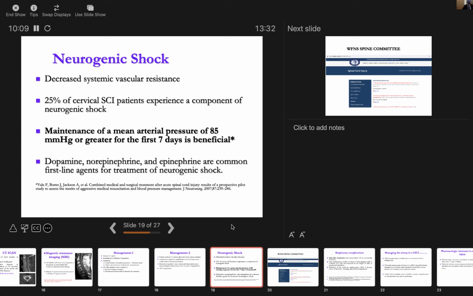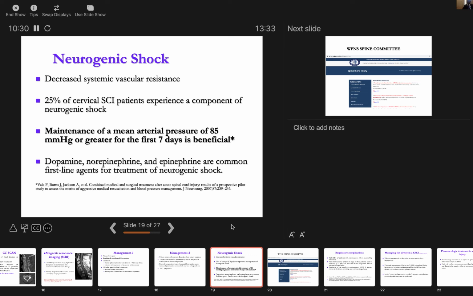Neurogenic shock means decreased systemic vascular resistance. It is different than the vascular shock. 25% of cervical spinal cord injury patients experience some component of neurogenic shock.